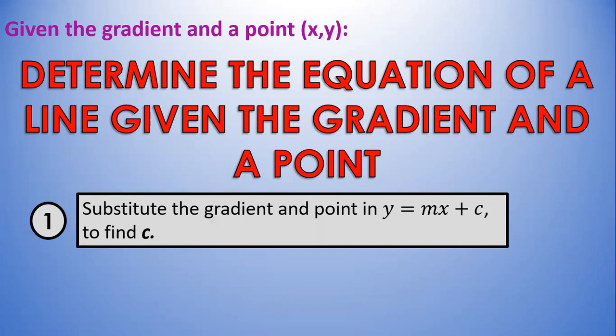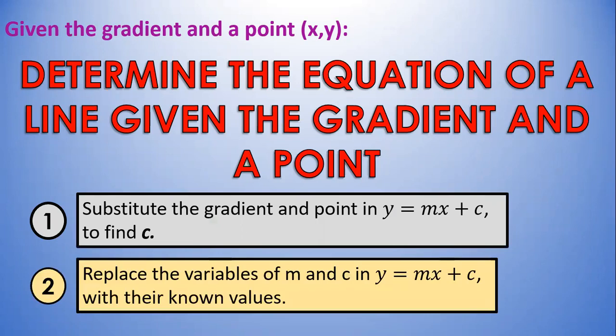After we have found c, we can write our equation. To write our equation, we are going to replace the variables of m and c in the equation y is equal to mx plus c with their known values. Let us look at an example.